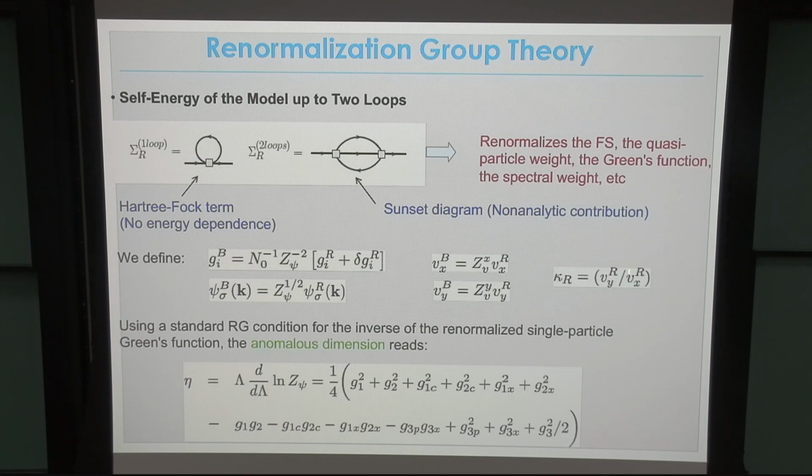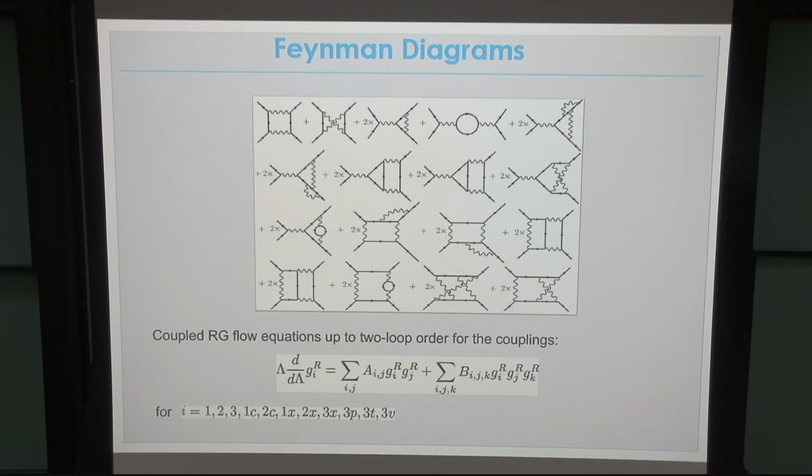And this is the ratio of the Fermi velocities. And using a standard RG condition for the Green's function, we can obtain this RG flow equation for the quasi-particle weight, given in terms of all the interactions in the model. And we can, of course, solve this numerically.